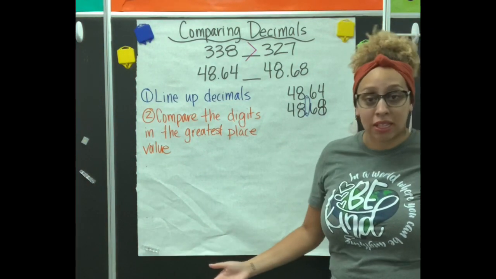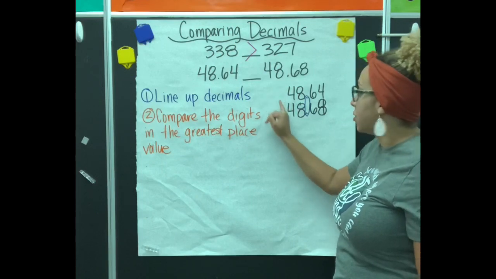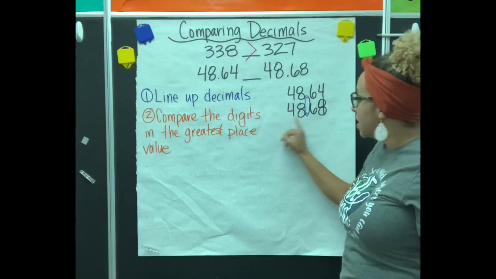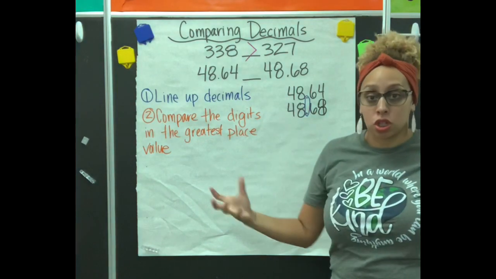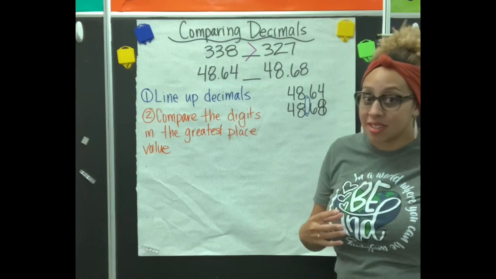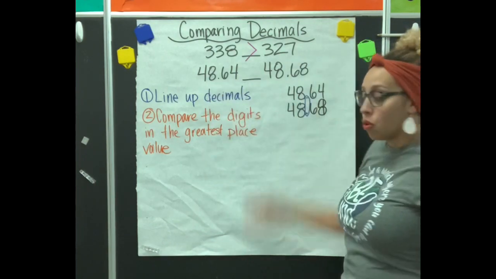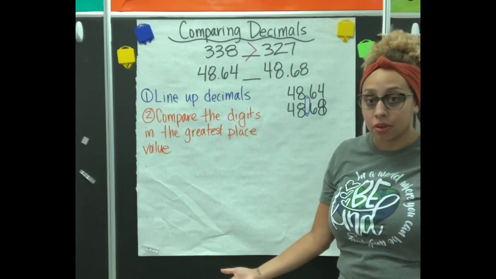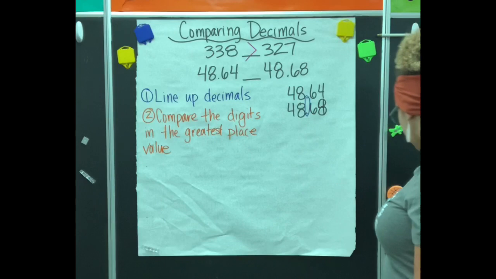It doesn't matter what the other numbers are. Because if this has 100 or 500 or 600 or 200, and this one doesn't and is only in the tens place, this number is automatically larger. Okay? So the reason why we are constantly looking at the greatest value is because we're comparing which number is bigger. Okay? So we're going to compare digits starting with the greatest place.